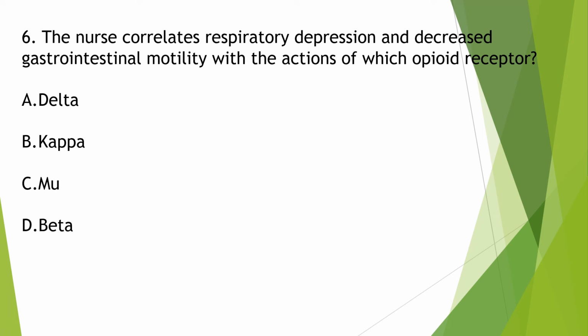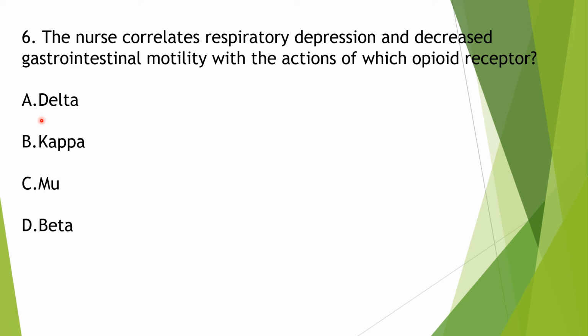The delta receptors are located in the brain and peripheral nerves, and they result in mild analgesia, a little bit of antidepressant effect, and they can also lower the respiration. So here the question is asking about respiratory depression and decreased gastric motility. Gastric motility is not related to delta.